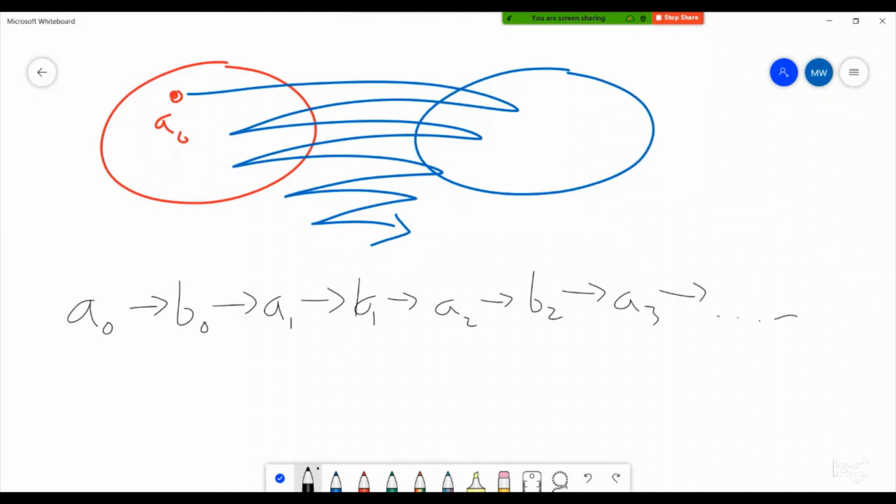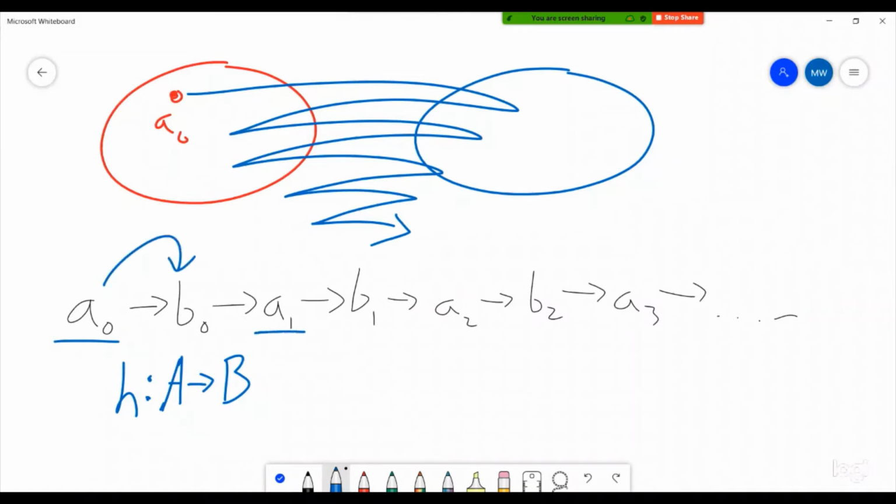And we need to define a bijection from A to B. So if we define our function h going from A to B, let's just start by looking at, if we have some element A, send it to the very next thing in this chain. So A1 goes to B1, A2 goes to B2. So we're basically saying that h of A sub k is equal to B sub k.